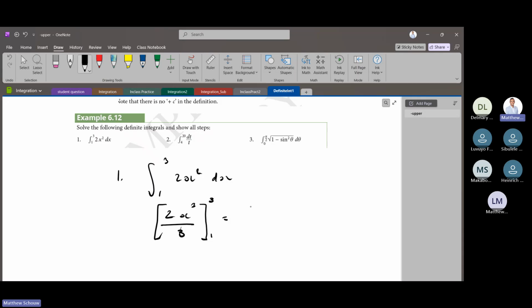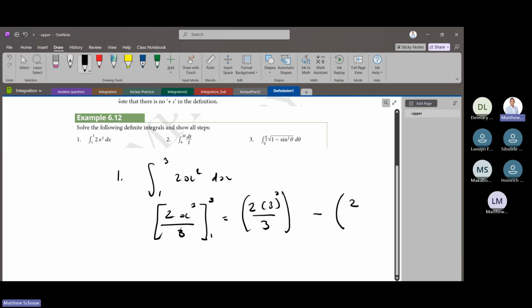So I'll do that now. We first have 2 times 3 cubed over 3. Minus, now I'm subtracting the lower limit, F of a, which is 2 times 1 cubed over 3.